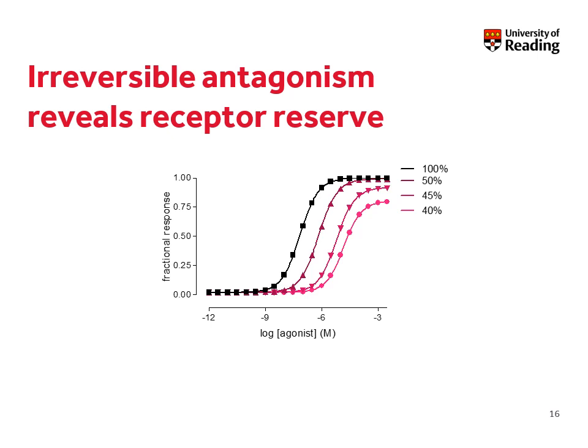You can see receptor reserve in action when you look at irreversible antagonists, which I spoke about last week or on Friday. So here, what we're showing is a concentration response curve to an agonist in increasing concentrations of an irreversible antagonist.